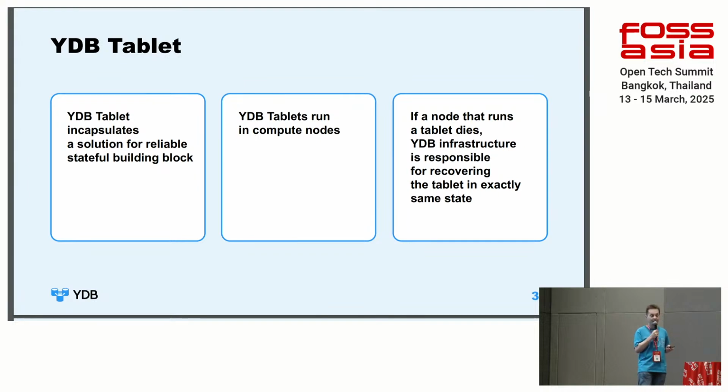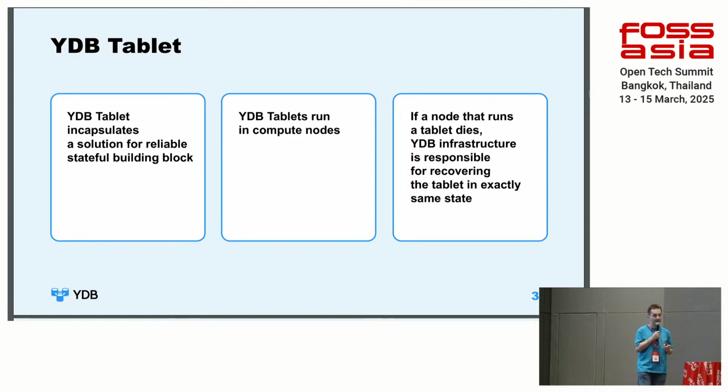Okay, a YDB tablet is stateful, and it's a reliable stateful building block. Actually it's a replicated state machine, RSM. Probably you know that RSM is usually a part of any distributed system.